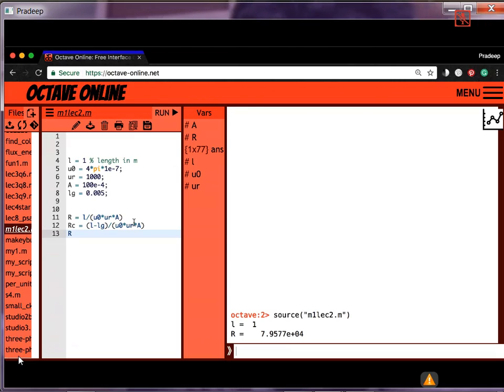The air gap mu r will be 1, so I simply remove the mu r constant here, and the numerator will only be Lg. And then finally the total RT is nothing but RC plus RA. So I have all the code ready. If I just execute this, I get the results.